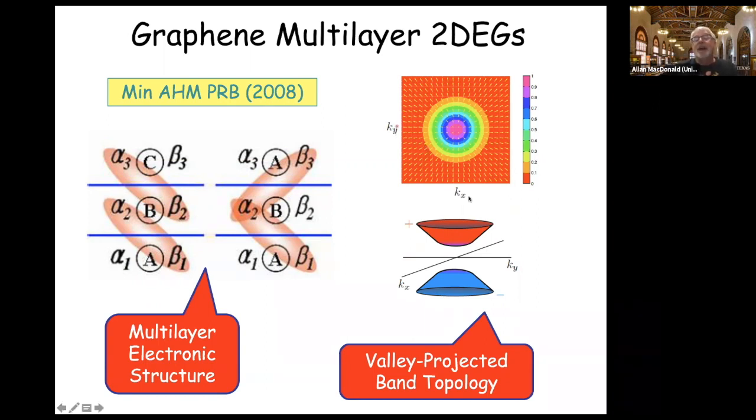What's shown on the right-hand side is the 2D momentum, kx, ky, and the wave function of the low energy state that's occupied at neutrality, the valence band state, as a function of wave vector, represented on a Bloch sphere of being in the bottom layer or being in the top layer.